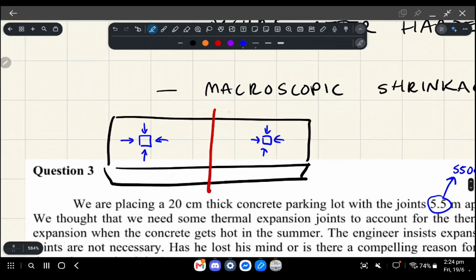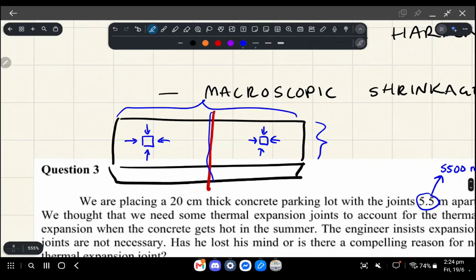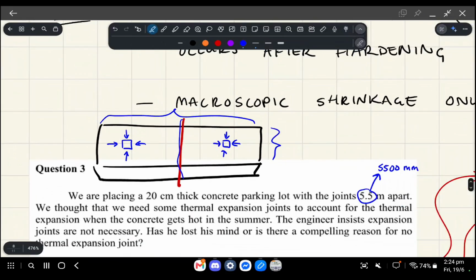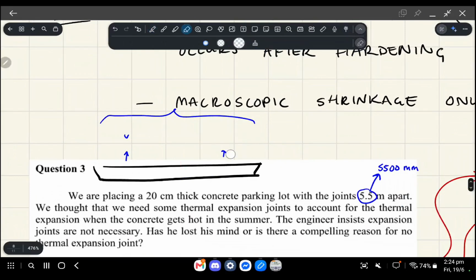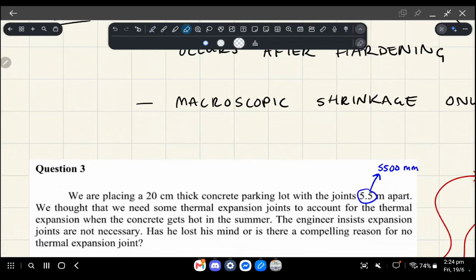If this dimension is significantly longer than this dimension, there will be more tensile stresses going this way, and so the crack will want to form where there's the largest tensile stress. Generally in the middle is where it's accumulated the most. So in order to combat this, you basically have designated spots for cracks, quote unquote.